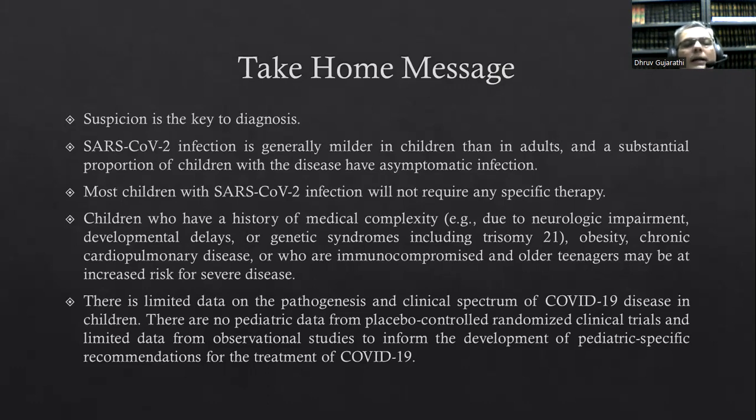There is limited data on the pathogenesis and clinical spectrum of COVID-19 disease in children. There are no pediatric data from placebo-controlled randomized clinical trials and limited data from observational studies to inform the development of pediatric specific recommendations and protocol for treatment. So the protocols which have been drawn are all adult based.